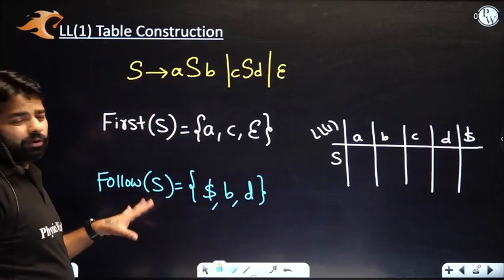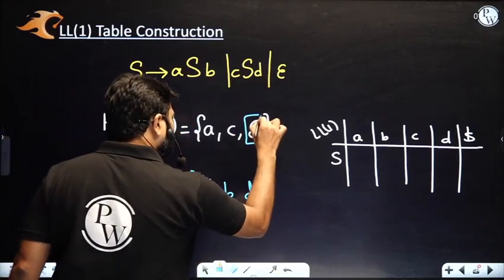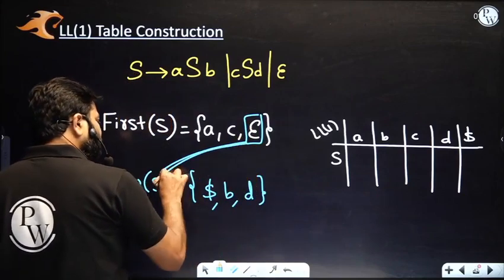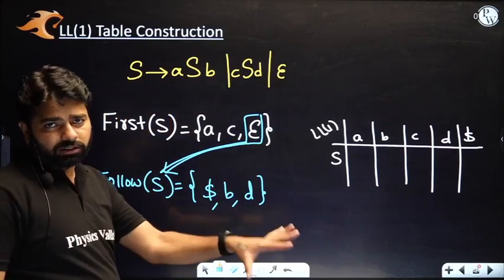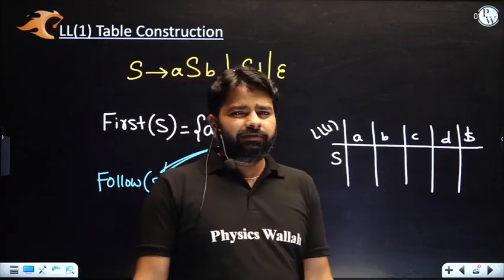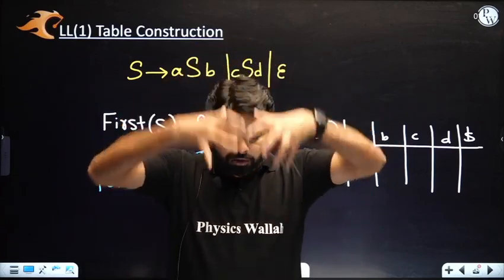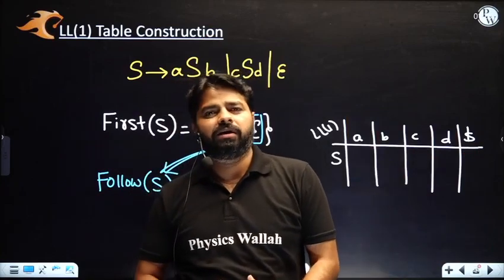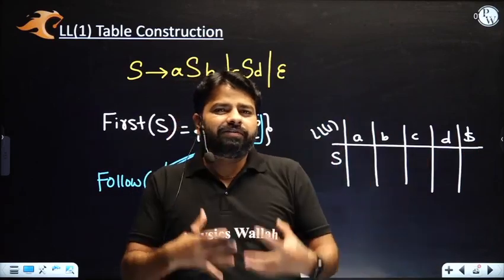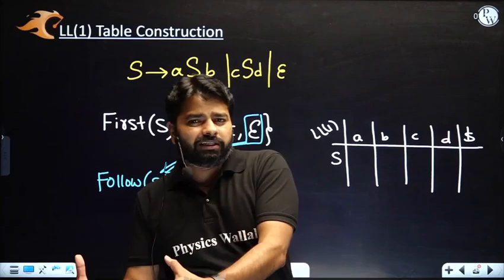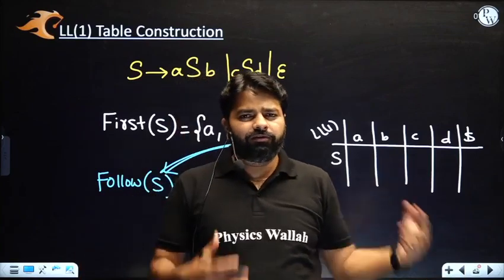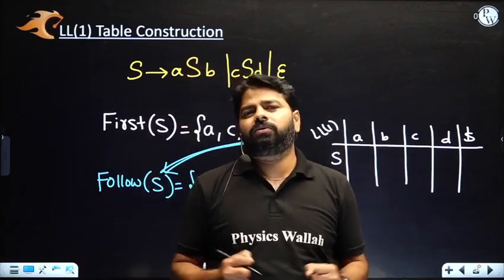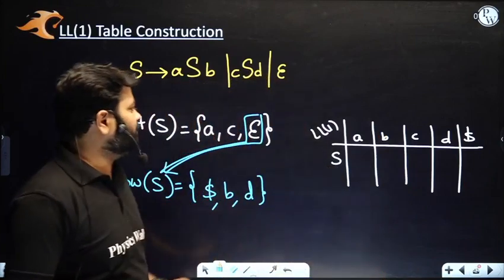Now, why did we compute it? Because of only this epsilon we are computing the follow of S, otherwise we do not compute. The reason is, if the first of something gives you nothing, then immediately we go to what comes after that non-terminal. That is the reason: when the first is giving nothing, then you need the follow. If the first is always giving something, you do not need follow. Okay. This funda is very important.